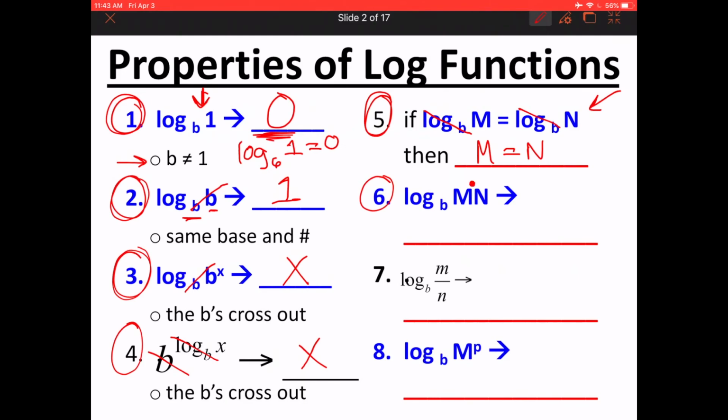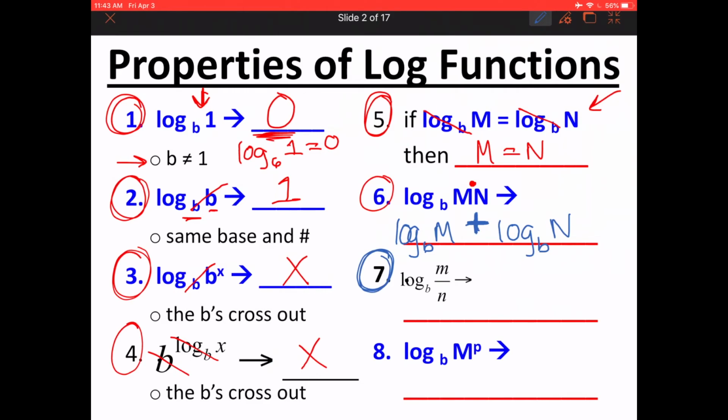Remember, there's an invisible multiplication going on between those two numbers. And so how we can break these apart is log base b of m plus log base b of n. So if you have the log of two values being multiplied, you can break them apart with that plus sign, with that addition.